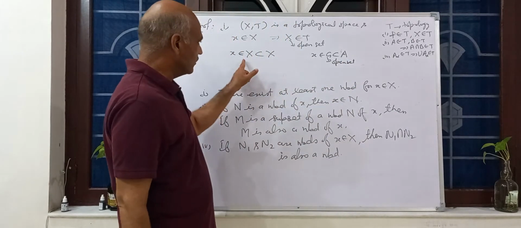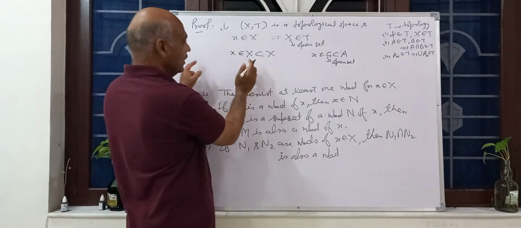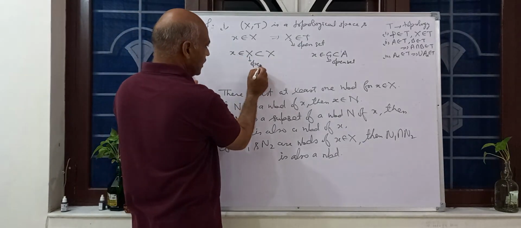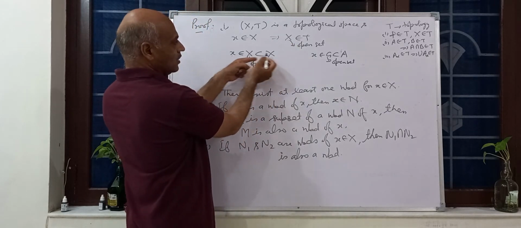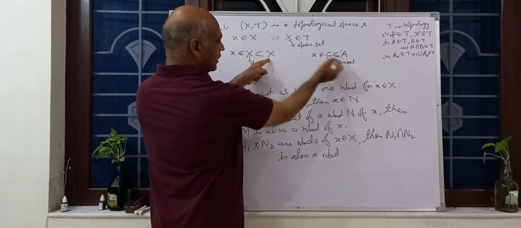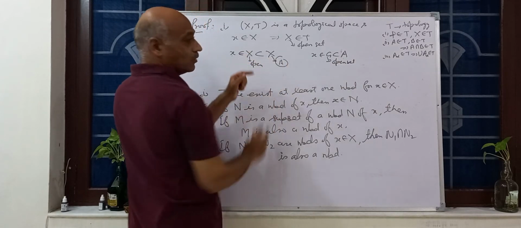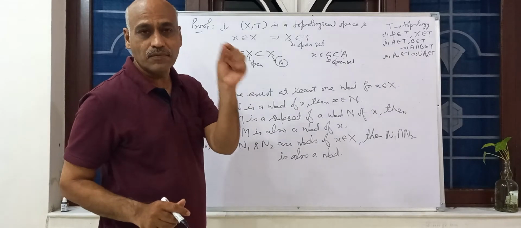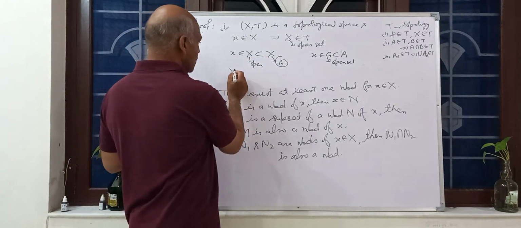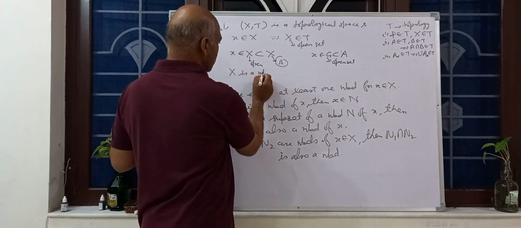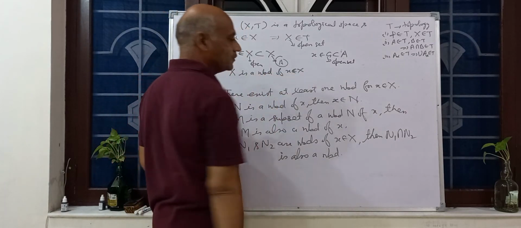So now compare this one. x belongs to G, subset of A. This is an open set, and x belongs to G, subset of X. So this is A, so A is a neighborhood of x belongs to X. Hence X is a neighborhood of x belongs to X.